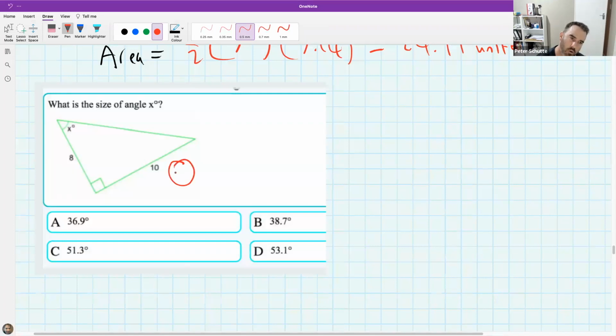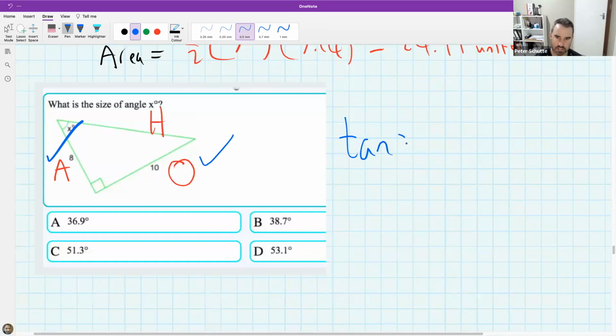So that will be O, H, that will be A. So what do we have now? Well, we've got an O and an A, which makes me think that tan is involved. So the tan of x, so we can always write out my SOHCAHTOA if I want. So O and A are involved, and it's the O that's on top.